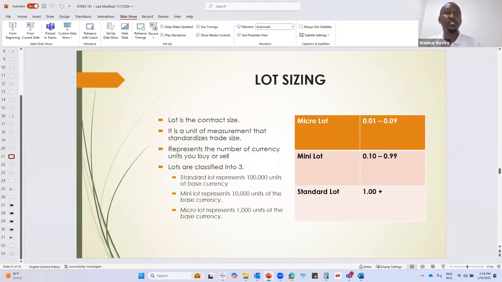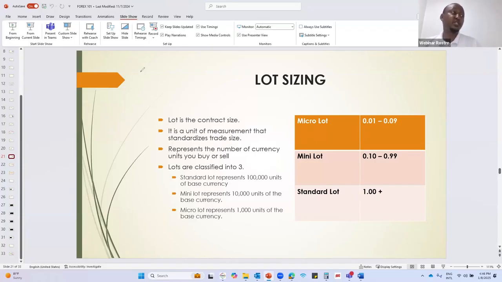A micro lot is from 0.01 to 0.09, so the smallest lot size you can have is 0.01. Anything from 0.10 to 0.99 is a mini lot, and a standard lot is 1.0 and above.